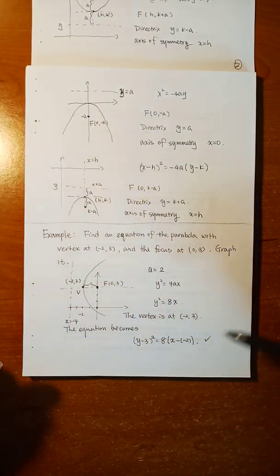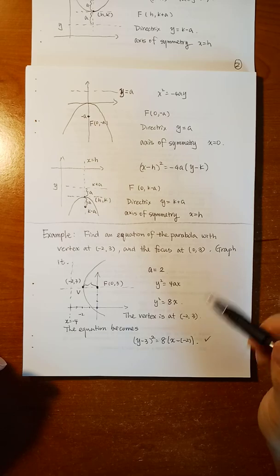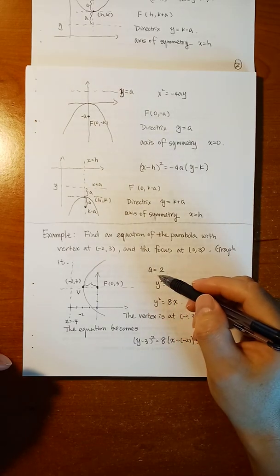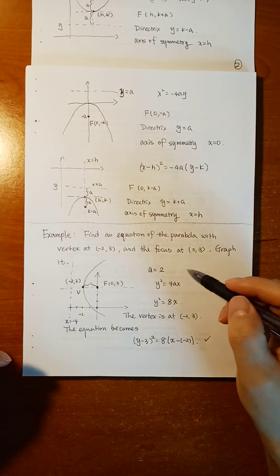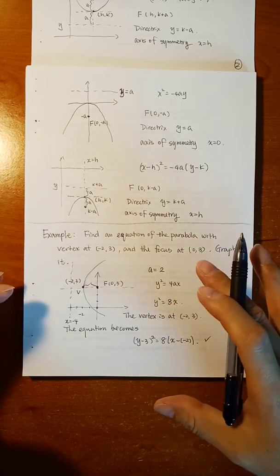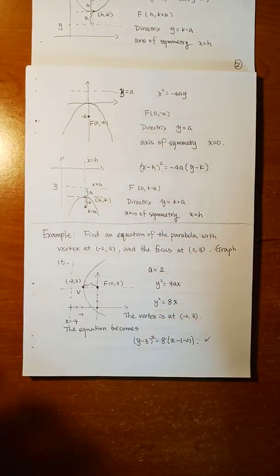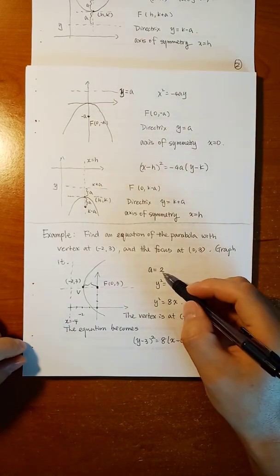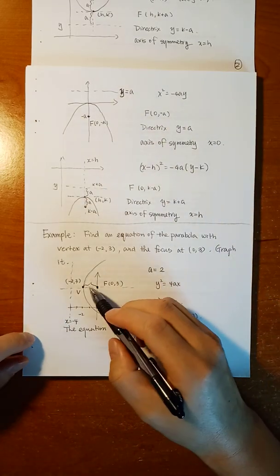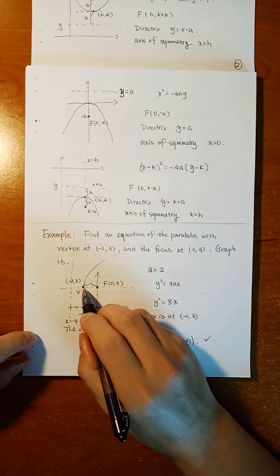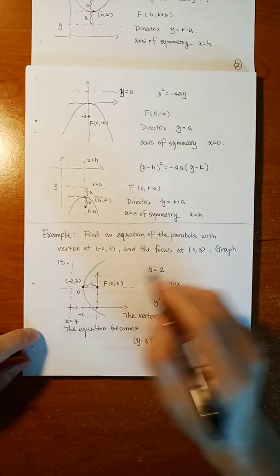So the whole idea is to determine A. That's an important idea. The whole idea is to figure out A. And of course, you have to know which opening you choose. What is A? A is the distance between the vertex and the focus.